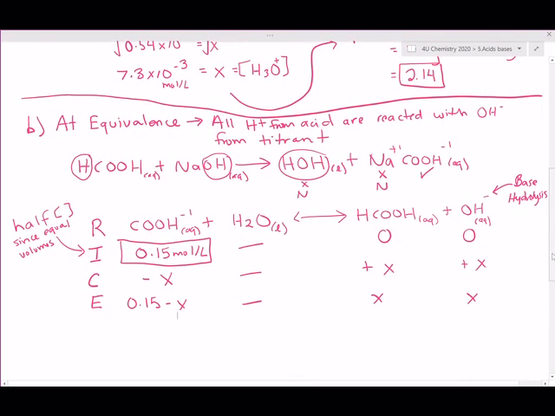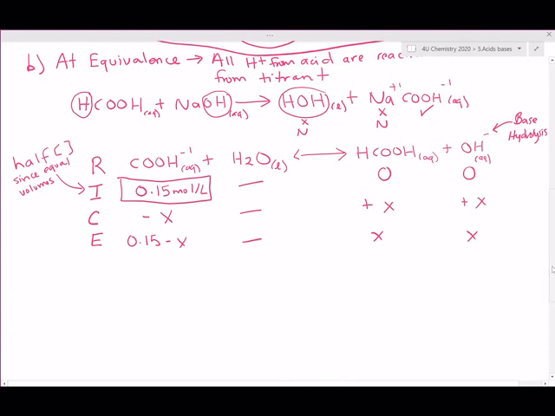Okay, so the big difference now, when we set this up in our equilibrium law equation, because we have OH negative over here is what we're actually making, when we set it up, it has to be Kb because it is a base. So we're going to have x squared, x times x, all over 0.15 minus x.